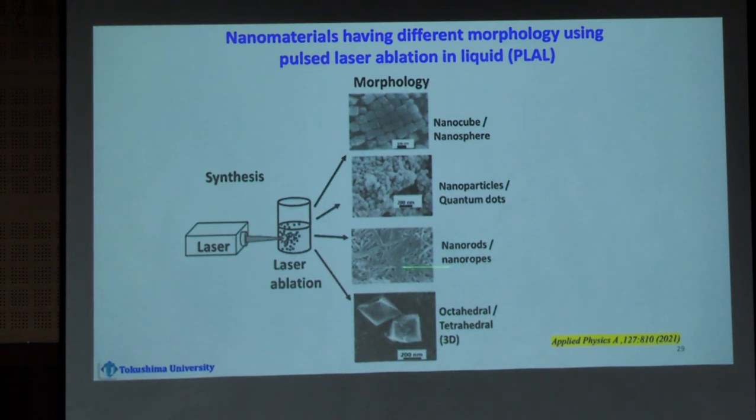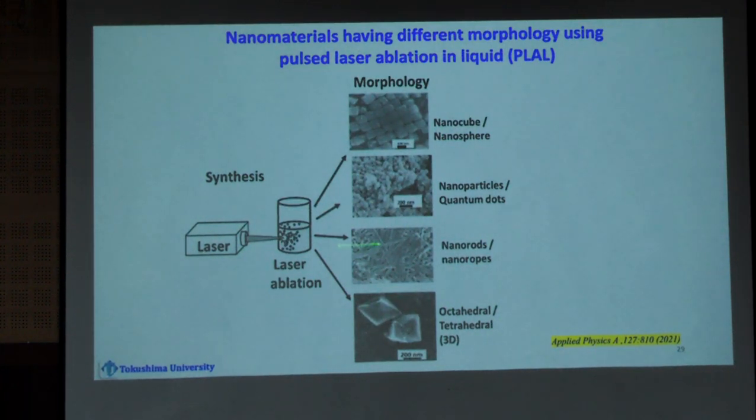These are like bismuth sulfide. These are indium selenide two-dimensional materials. And we have also created Ag nanocube, similar to indium selenide. So various surface morphologies can be created by using laser ablation.